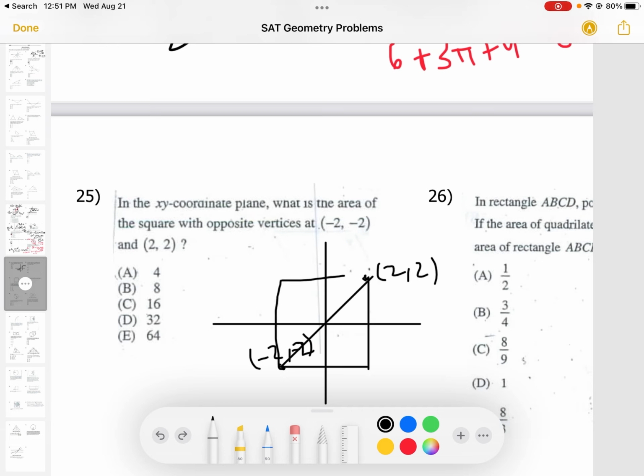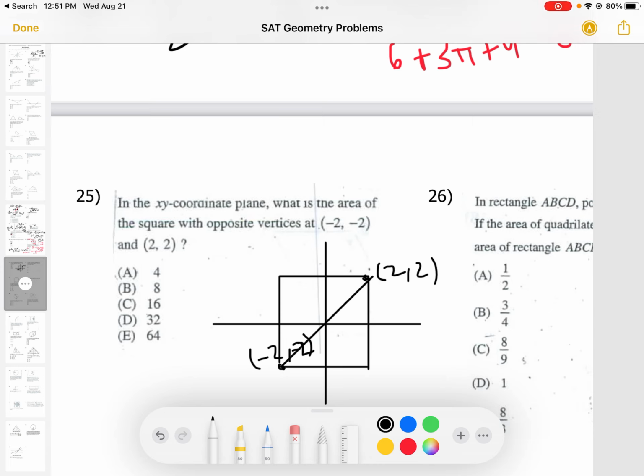Hold on, that's a bad drawing. We could draw the square, right? Something like that. And we know that this is the square that the question is talking about, right? And we want to find the area of the square, right?